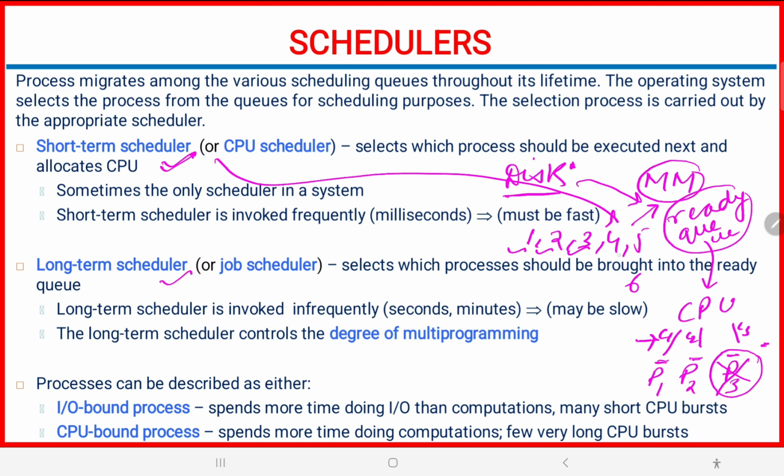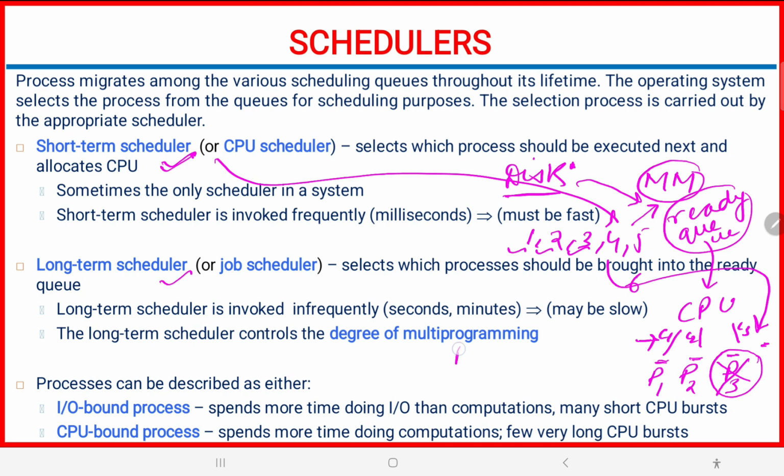Let's suppose it fetches process P4 now, and P4 is assigned to the idle core of the CPU, and this P4 is now executing. Further, different processes may need different amounts of CPU time to complete their execution. What I mean to say is each process needs to spend a different amount of time for its execution.